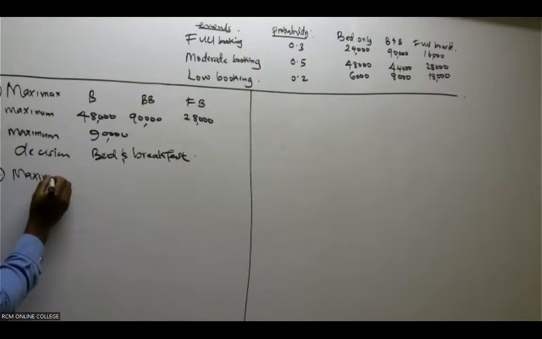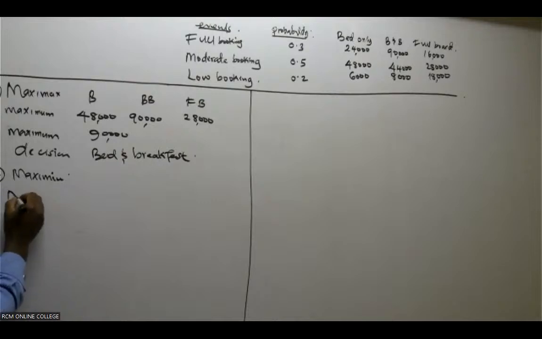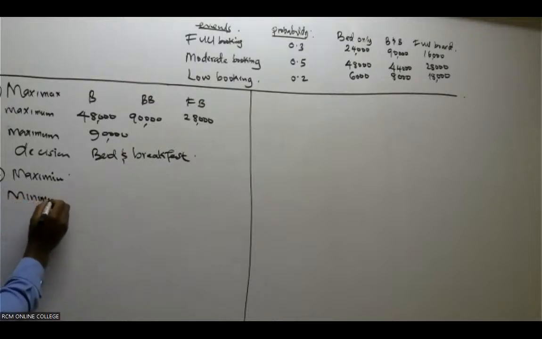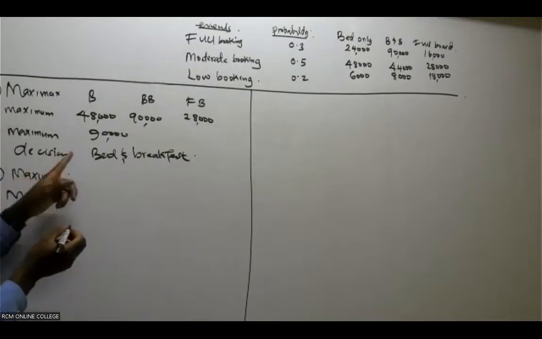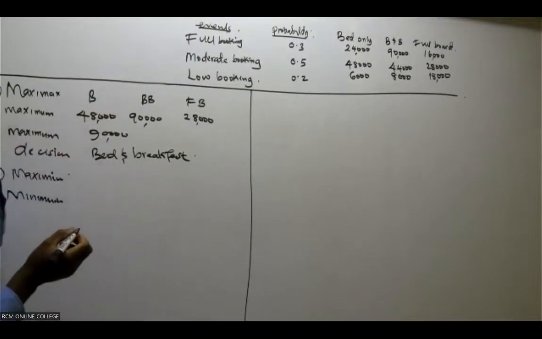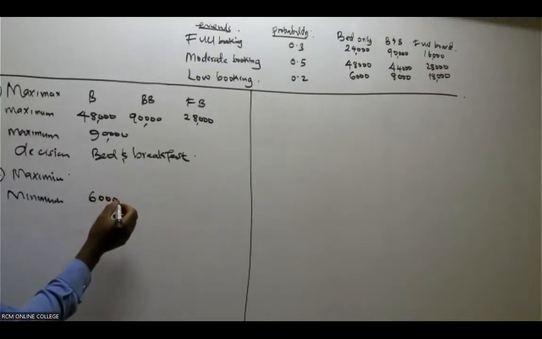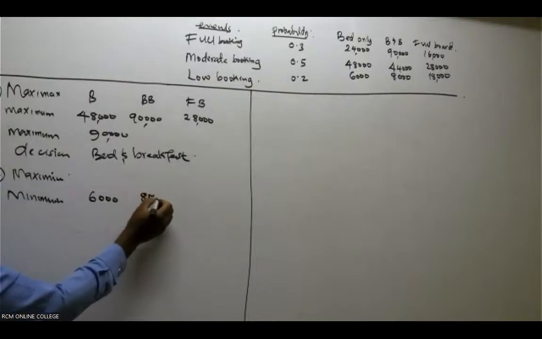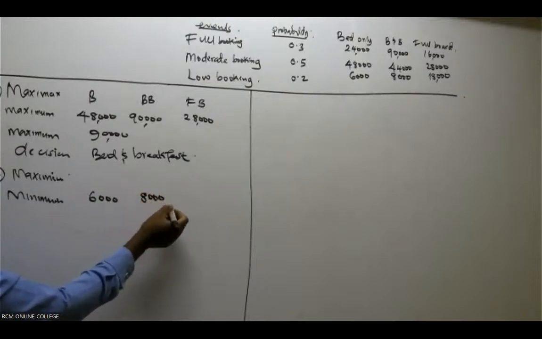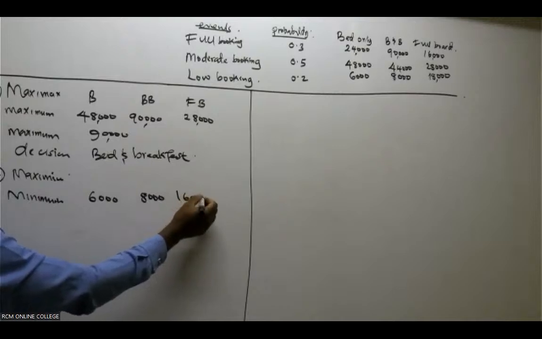The next one is Maximin. We look at the maximum of the minimums. The minimum figure under bed only, we have 6,000. Then we have 8,000. Then we have 16,000.